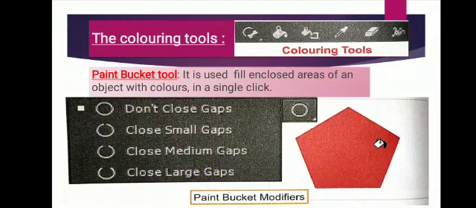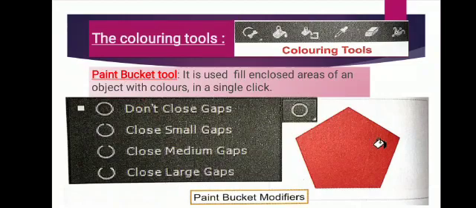Paint bucket is used to fill the enclosed area of the object. For this, select the paint bucket, click on the fill color button, then the color palette will appear. Select the color of your choice and then click on the drop down arrow of the gap size modifier.